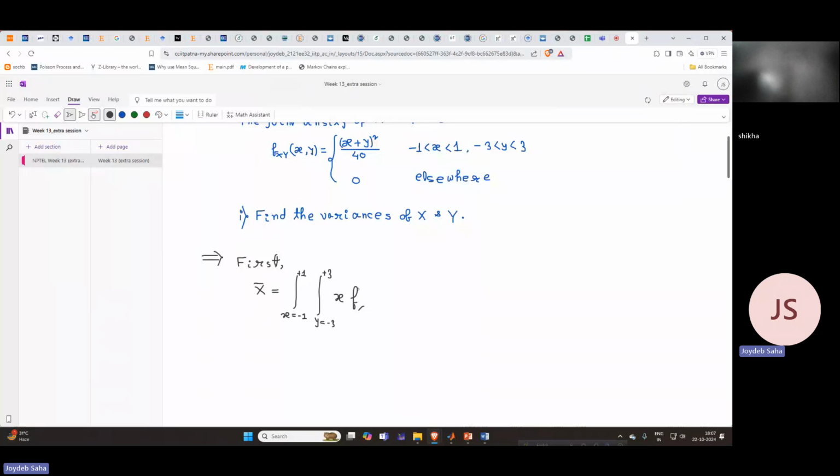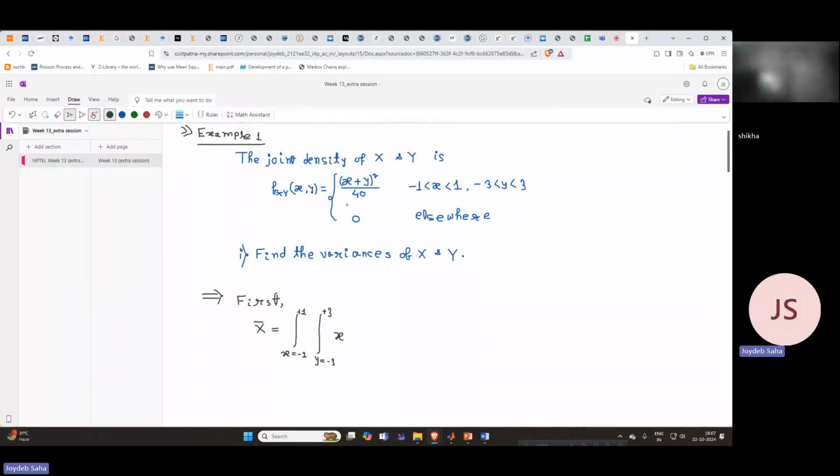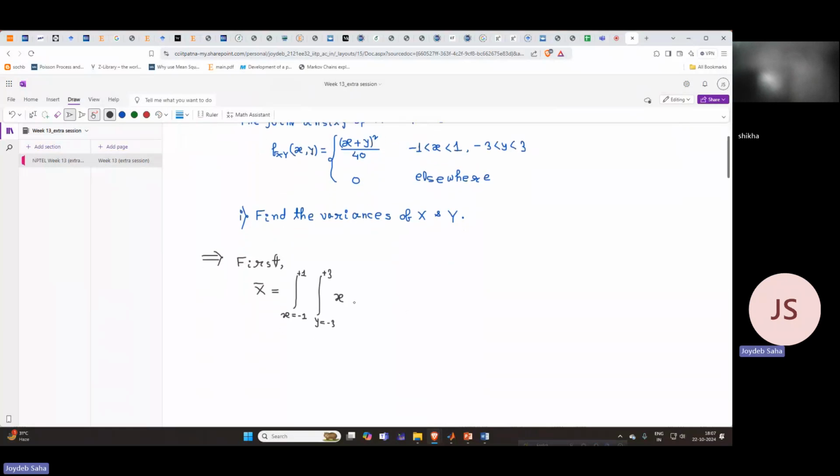So let us directly put the value. The f of xy is given to us. So can we write it as x plus y whole square upon 40 dx dy.